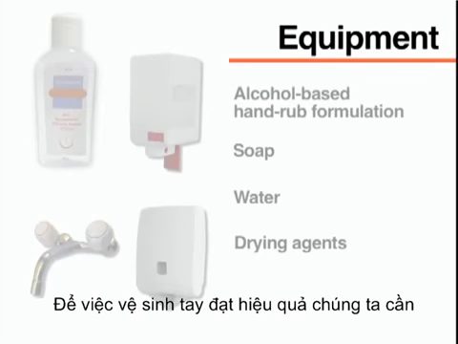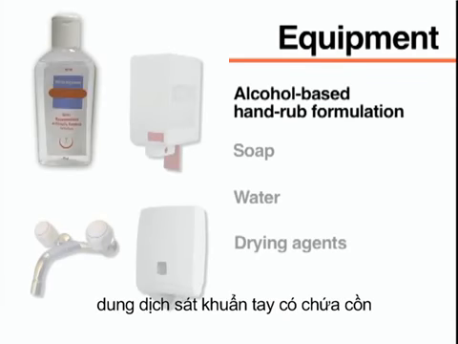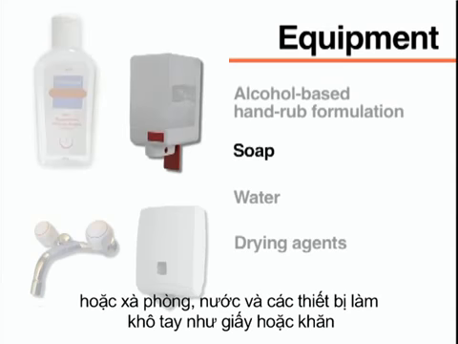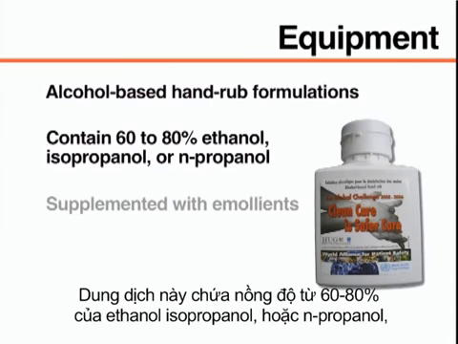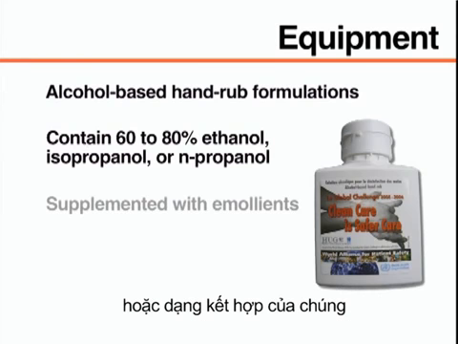To perform adequate hand hygiene, you will need an alcohol-based hand rub formulation or soap, water, and drying agents such as disposable paper or cloth towels. Use alcohol-based hand rubs with proven antimicrobial efficacy. These usually contain 60 to 80% ethanol, isopropanol, or N-propanol, or a combination of these products.